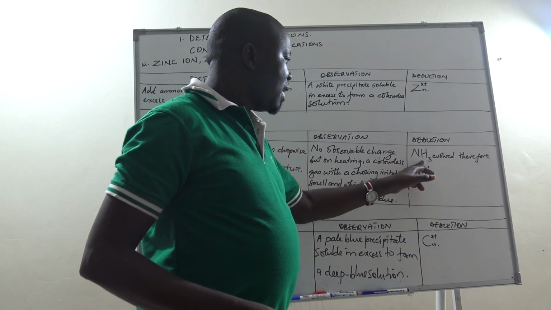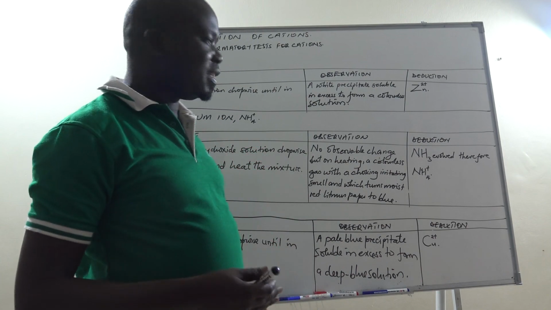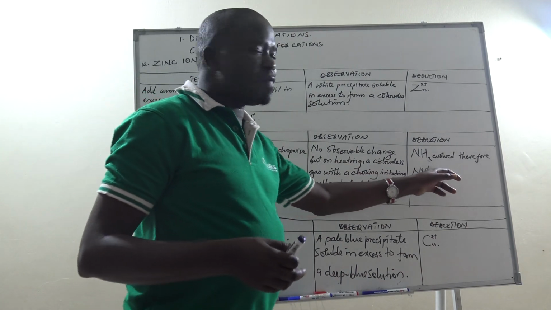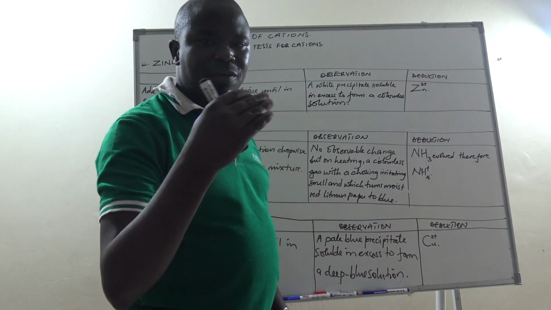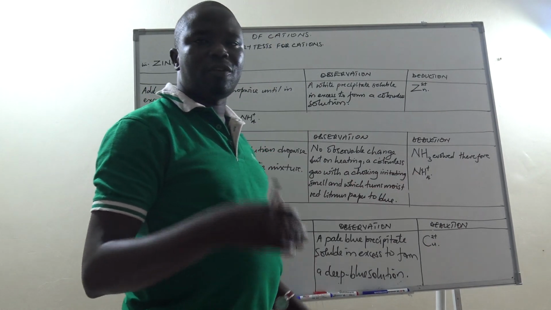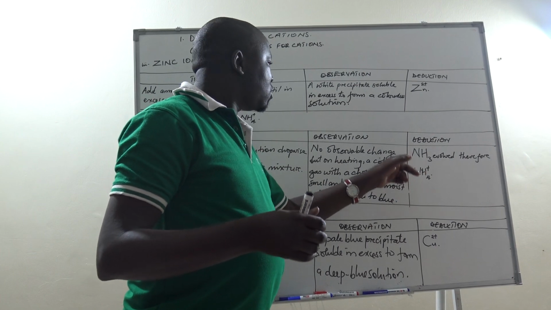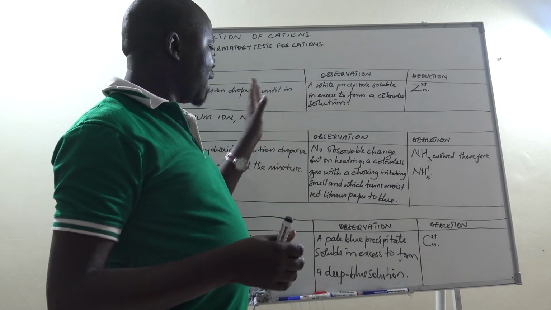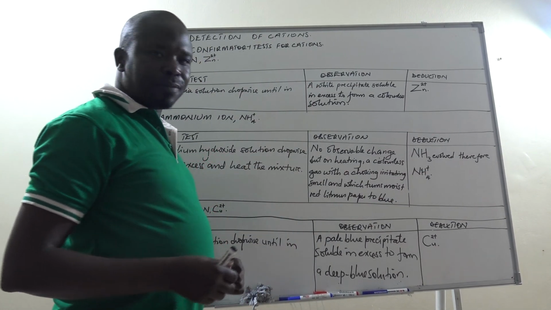So you just write the name of that cation. Someone goes ahead and says ammonium ion is confirmed. There is no problem. It's okay. And even if you say that it is ammonium ion, it is also okay because it is there. So don't forget these confirmatory reagents for the cations.